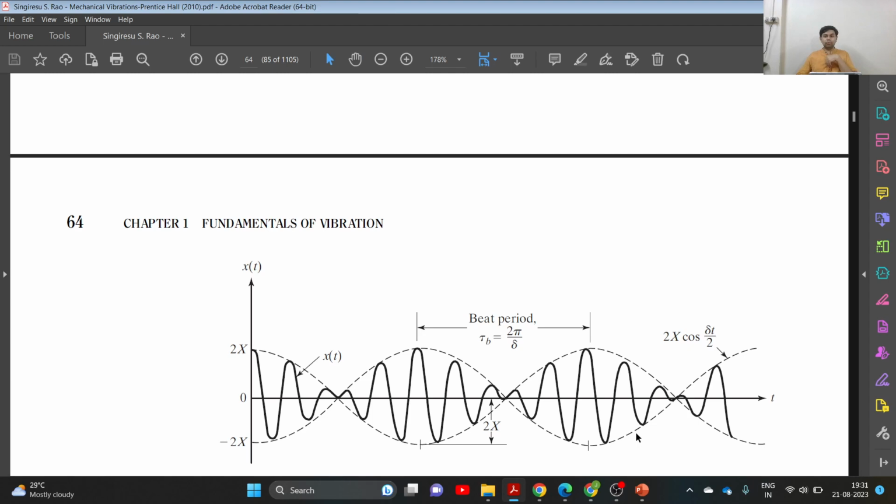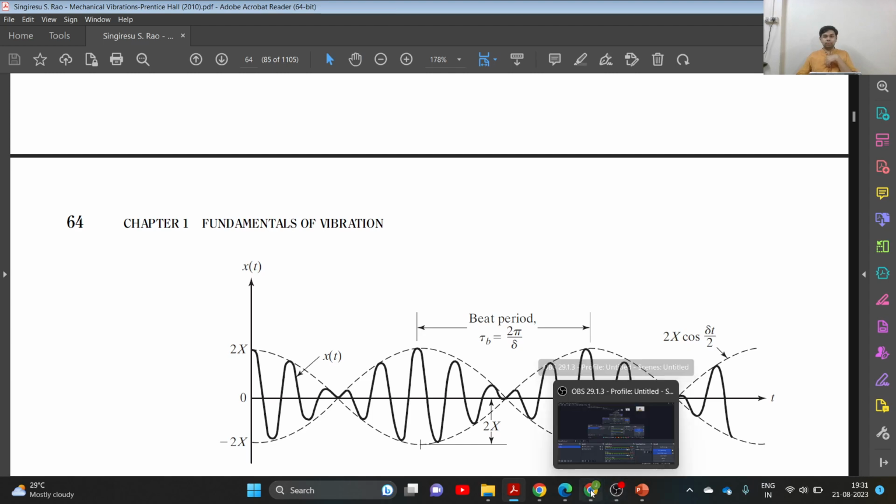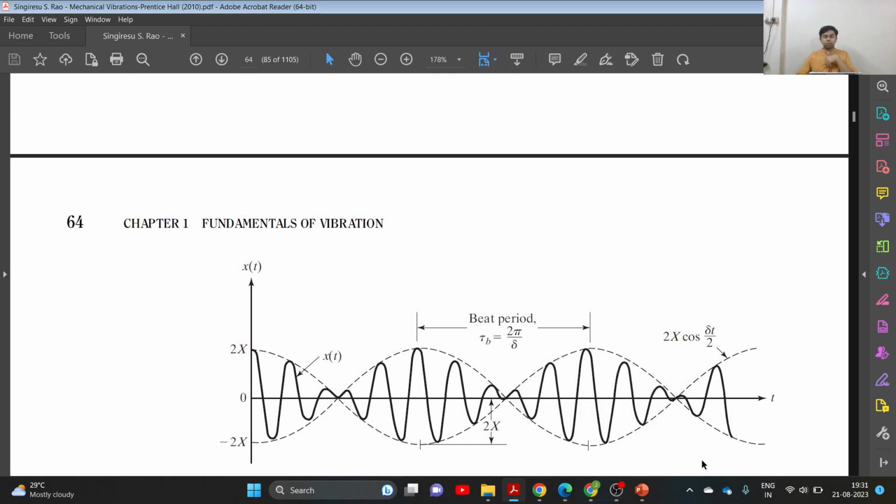Sir, but both should be the same, no, sir. This should be half of the time period inside. What should be half of the time period? This outer sine wave should have a greater time period than this beat period.